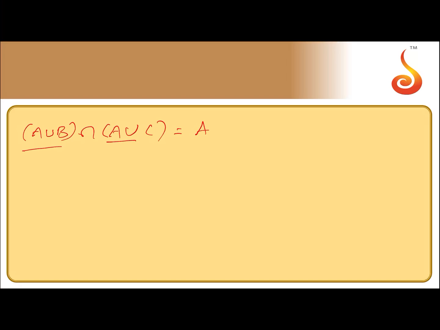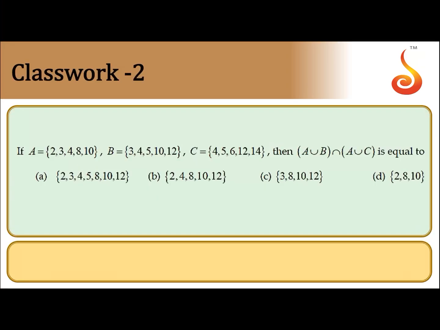When you take A common, it is A union of B intersection C. Now we can apply A union of B intersection C.